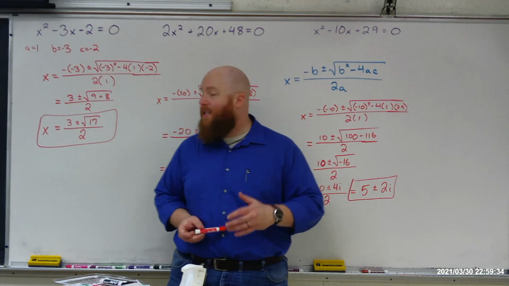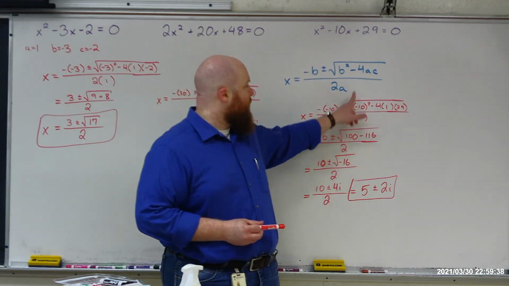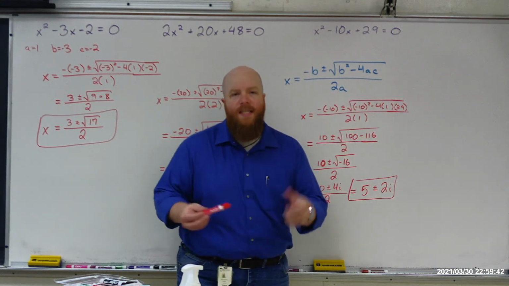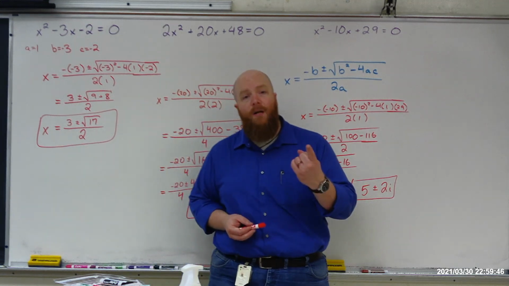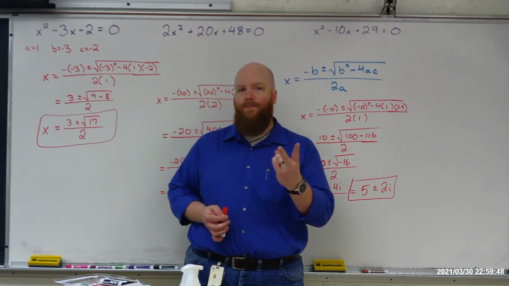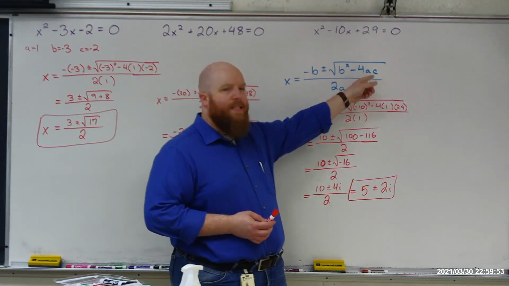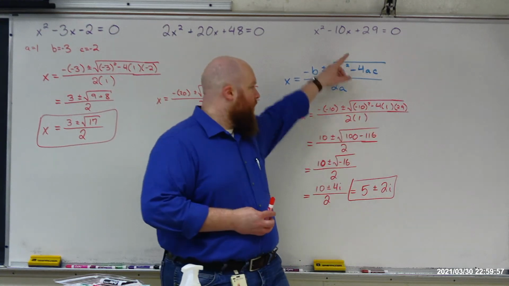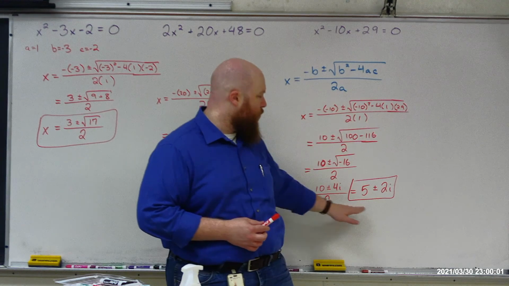This leads us to say a certain thing, that if we look at what was inside the square root here, b squared minus 4ac, this is going to determine whether my solutions are real or complex. If b squared minus 4ac is positive, it's greater than 0, then it's going to give me a positive real square root, and I'm going to end up with a real answer.